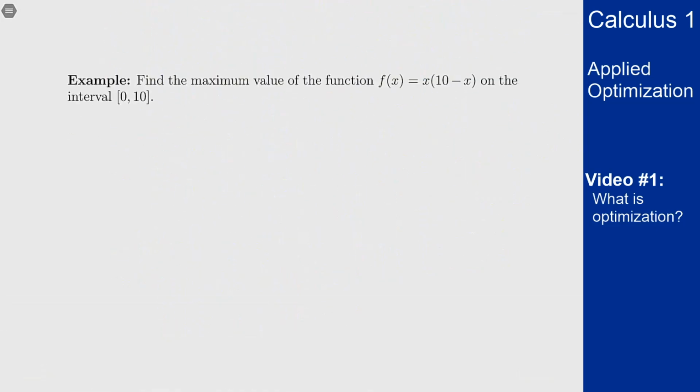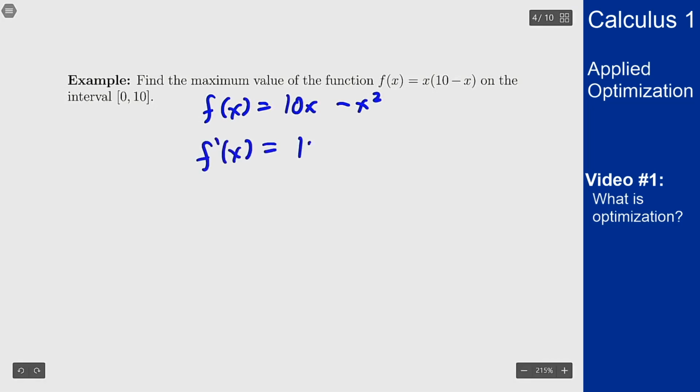Here's a problem we already know how to solve. Find the maximum value of the function f of x equals x times 10 minus x on the interval from 0 to 10. We know the interval, we know the function, we can just solve this using normal extreme value techniques. So we can write the function f as 10x minus x squared. I can then find the derivative, which is 10 minus 2x, and look for critical points, which would involve finding where this doesn't exist, it always exists, and where it's equal to 0.